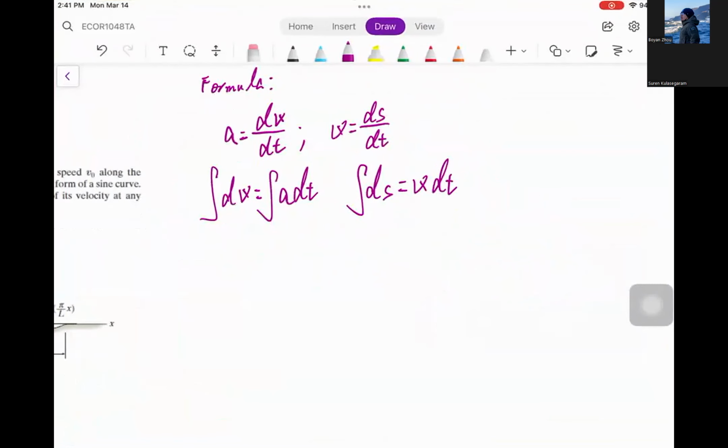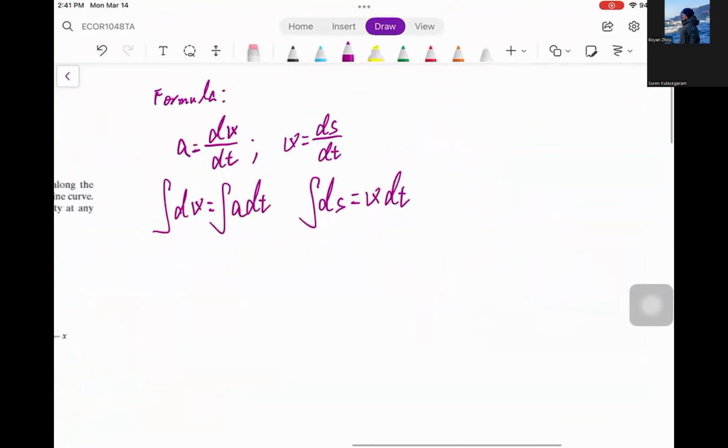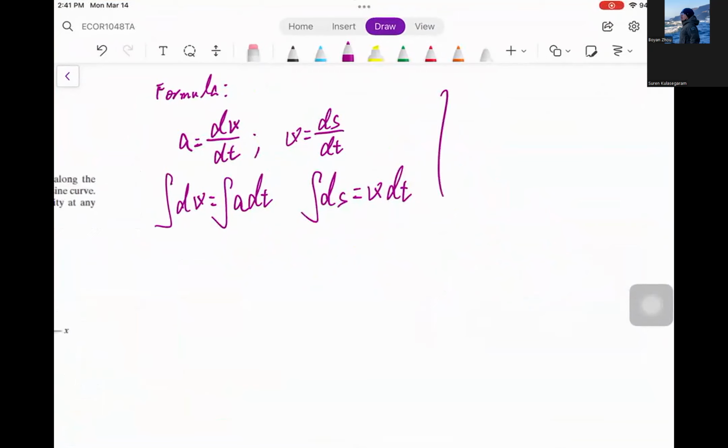So those are two formulas we're familiar with from last PA section, and there's another two, probably from your high school. I'm just going to put them down.